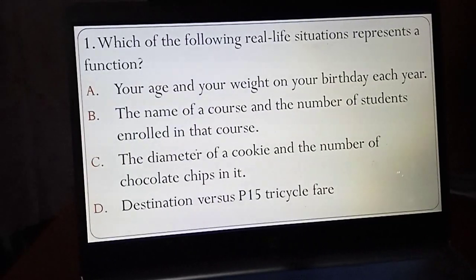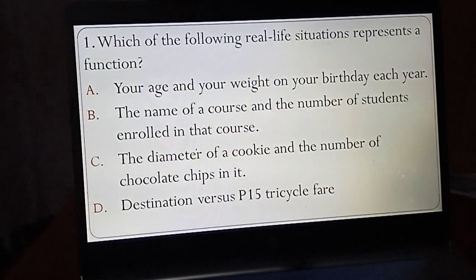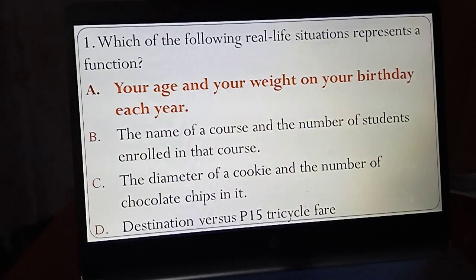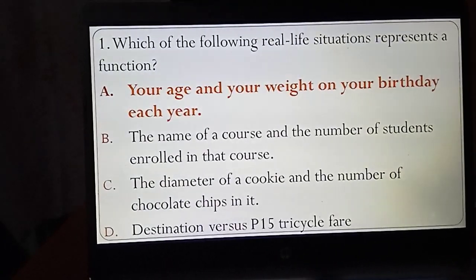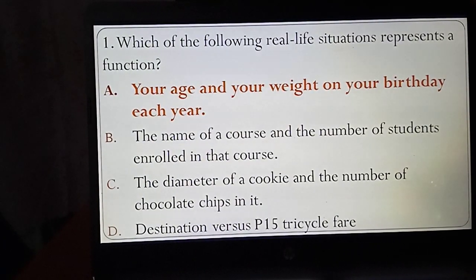There should be no repetition of the element in the domain paired to the range. So it's only letter A, your age and your weight on your birthday each year, that qualifies to that rule for the function. Let's go to number 2.